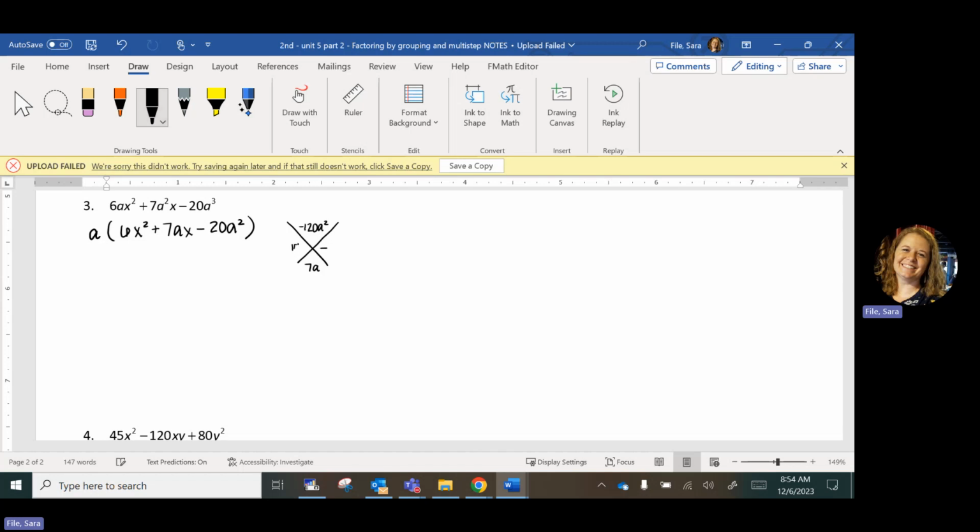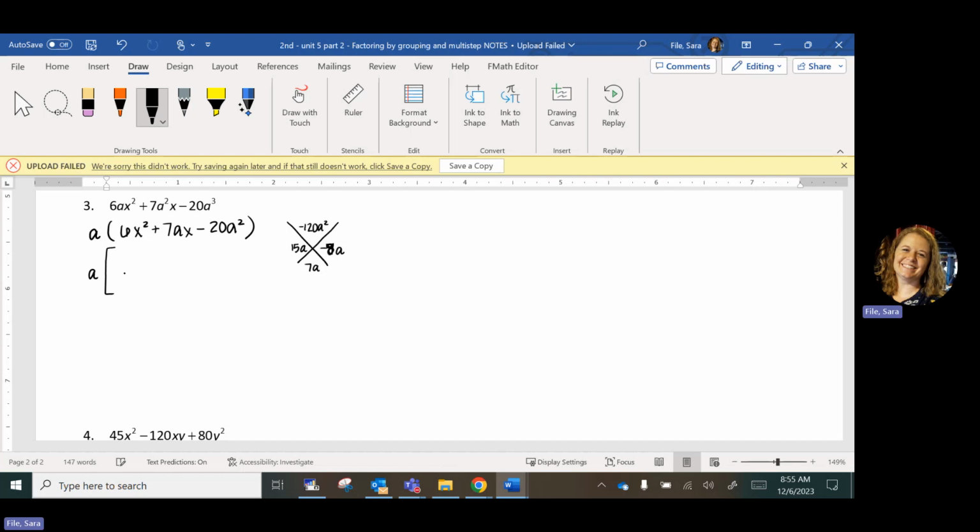I could do a positive 15 and a negative, sorry, not 7, negative 8. Now, the fact that that has A's in it, we have to have an A in both of these. So 15 times negative 8 would give me negative 120, and 15 plus negative 8, or 15 minus 8, would give me the 7. So now I can do my substitution.